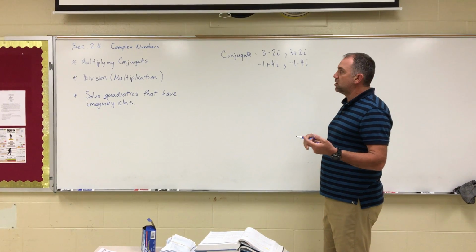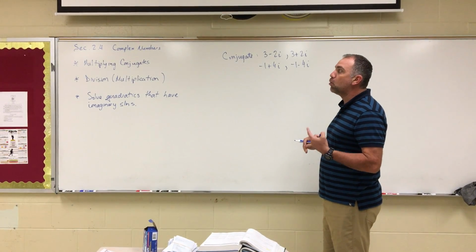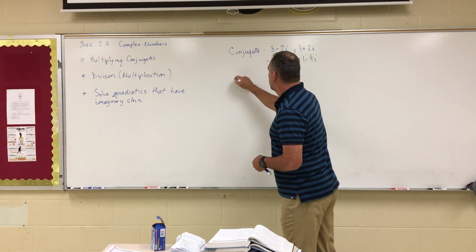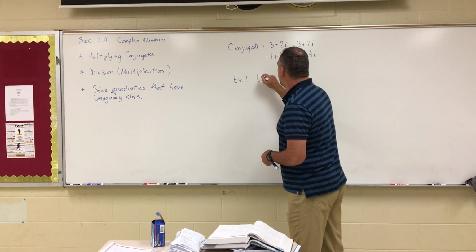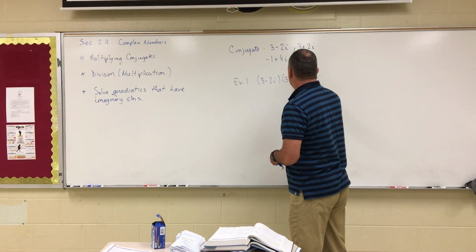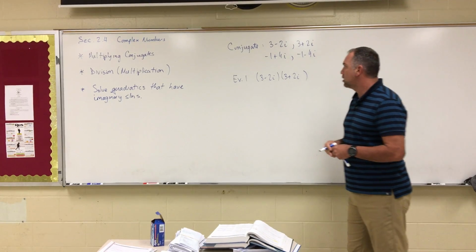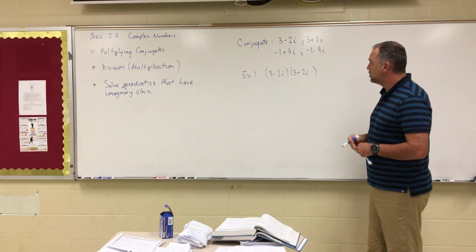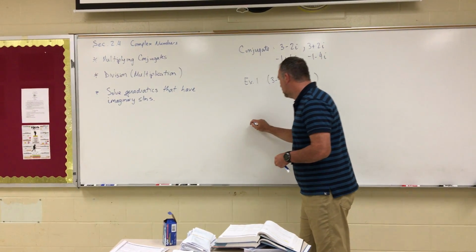So what I want to show you guys is what happens anytime we multiply conjugates. If we take these first two, we'll call this example 1, and we multiply these, look and see what happens when we multiply conjugates. So go ahead and do that, and then we'll go through it, and then of course example 2.